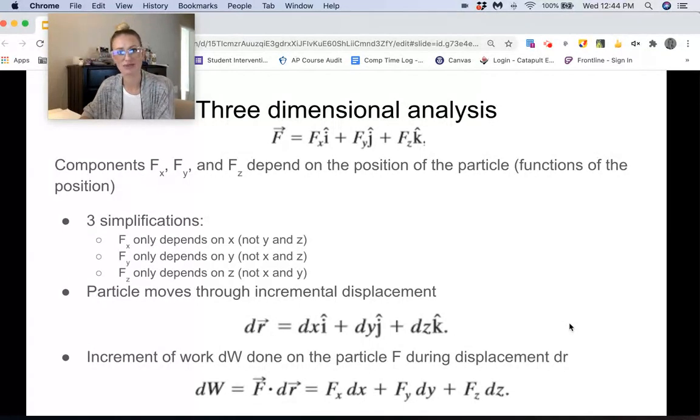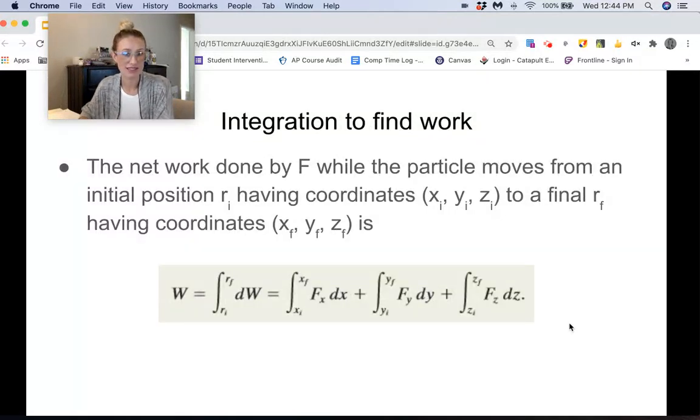This slide is just saying you're going to do this if you have a function of F, the force as it changes in the x direction, the y direction, the z direction. The net work done by the force while the particle moves from an initial position r sub i, having coordinates x initial, y initial, z initial, to a final position r sub f, having coordinates x final, y final, z final, is just this right here.